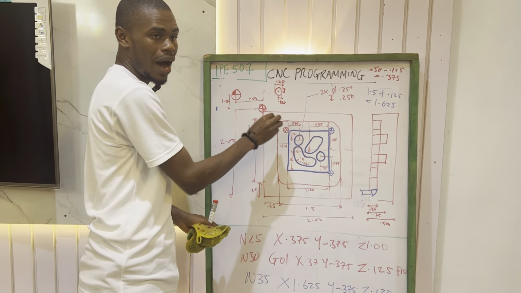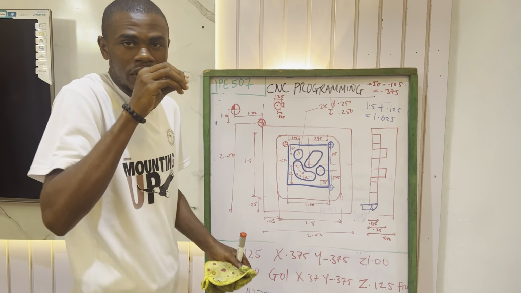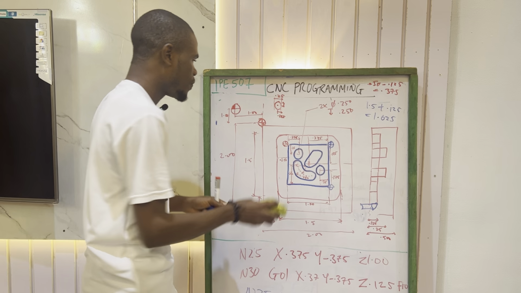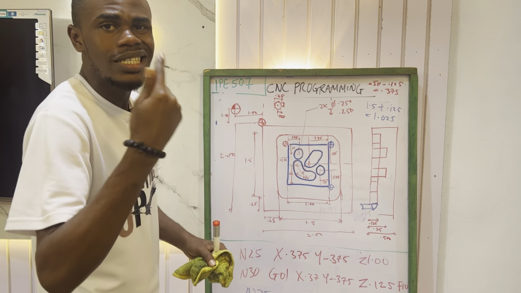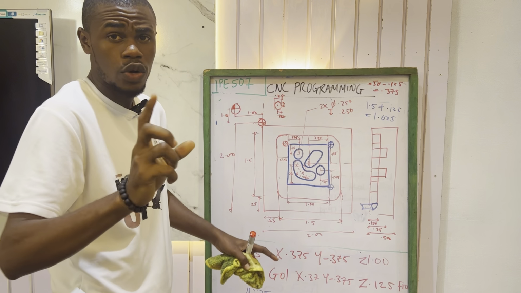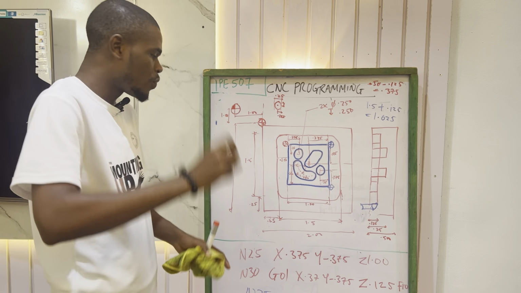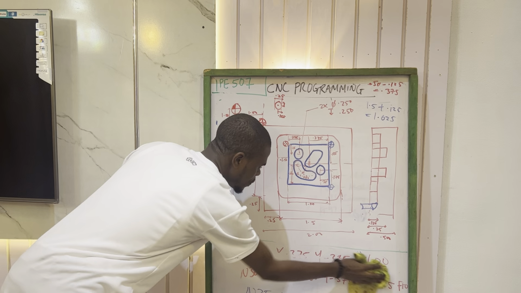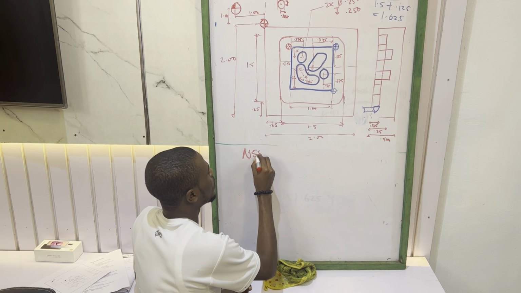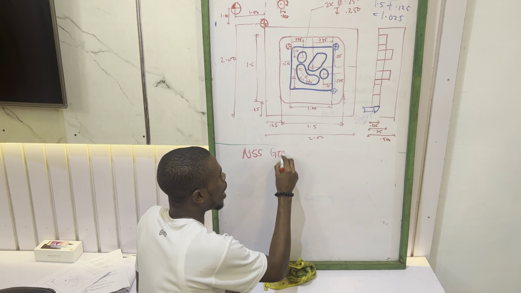So we have to take our cutting tool above it a bit. The next operation will be N55, and we'll call it G00. Immediately after you have done one operation, you take your G00 and take your tool a bit above it. I told you to do your G00, rapid positioning.